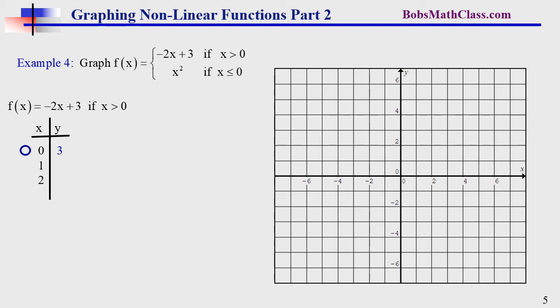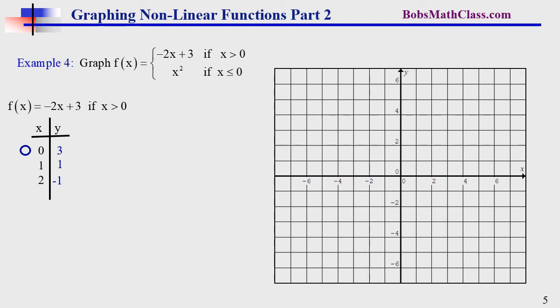So if you plug in 0, -2 times 0 is 0, plus 3 is 3, etc. So keep working those out. Plug in 1, we should get 1. And plug in 2, you get -1. -2 times 2 is -4, and then -4 plus 3 is -1. All right, this is a line, right? There's no exponents, no absolute value, no square root.